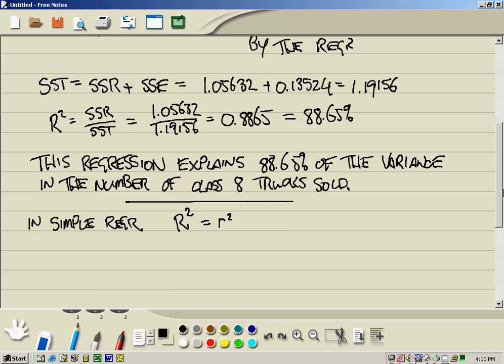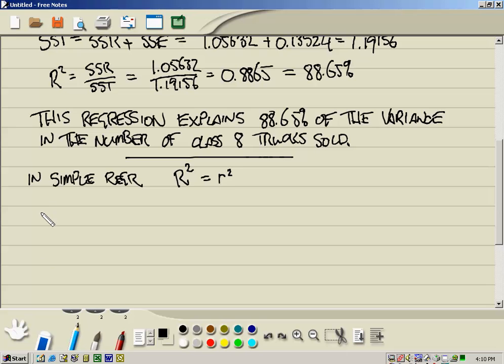Going back to multiple regression, since both fcalc and r squared have sum of squares formulas, we can write our fcalc formula with either sum of squares or r squared.